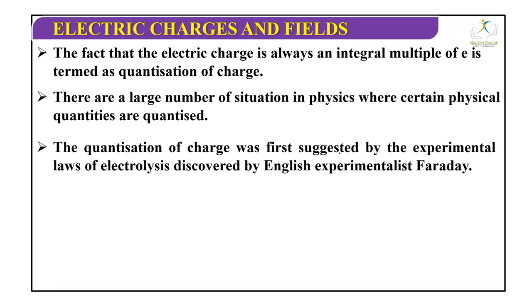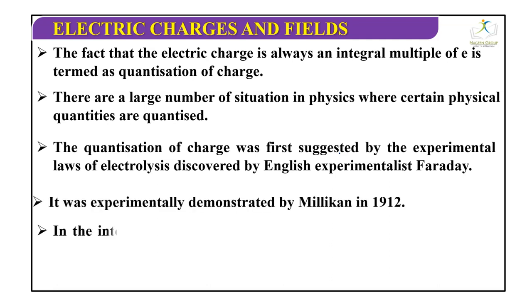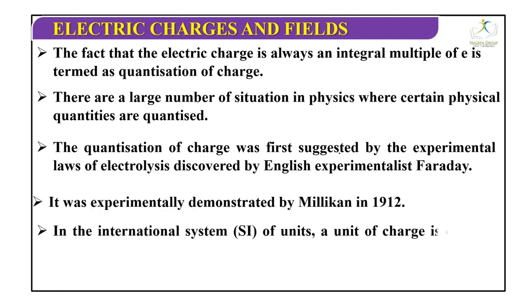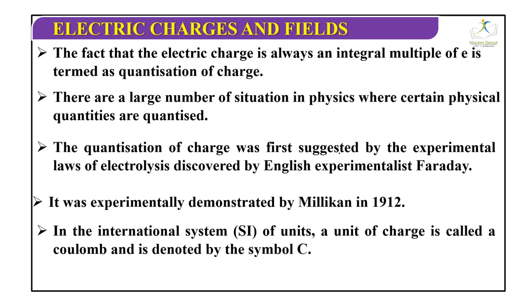He is a very famous scientist who gave a few of the most important experiments in physics, which we studied in class 12th also. It was experimentally demonstrated by Millikan in 1912. That is the Millikan oil drop experiment, by which we saw this particular thing.